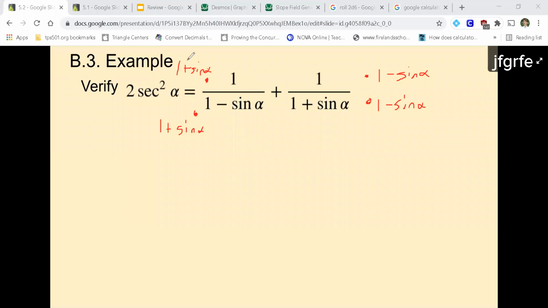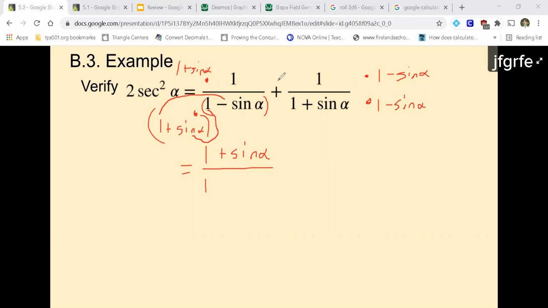And the numerator, 1 times 1 plus sine, is just 1 plus sine. That's easy peasy lemon squeezy. And then the denominator, it's not much harder to multiply these together. 1 times 1 is 1. Well, then here's the part where the fact that this is conjugates makes this easier. 1 times negative sine would be negative sine. But 1 times positive sine would be positive sine.